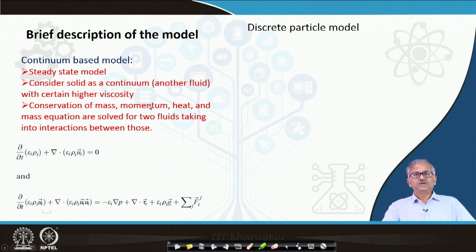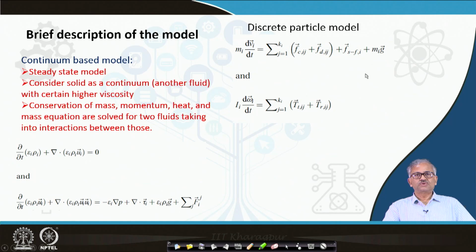But in the discrete particle model, what happens is you basically make a momentum balance on each and every particle. What are the components? There is the translational momentum, and this is the angular momentum, okay.